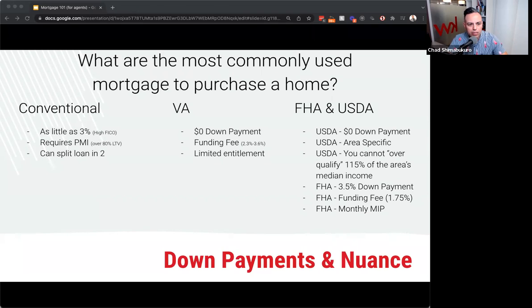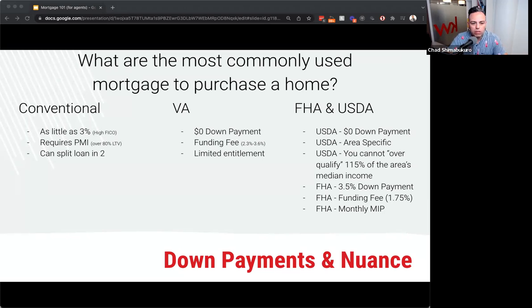And speaking about these same types of buckets or categories, conventional has as low as a 3% down payment. So when you're working with a buyer and the buyer says they don't have much cash available, that in and of itself shouldn't disqualify them. It's all relative to what they're purchasing and their FICO scores and so forth. But know that conventional has as low as a 3% down payment.